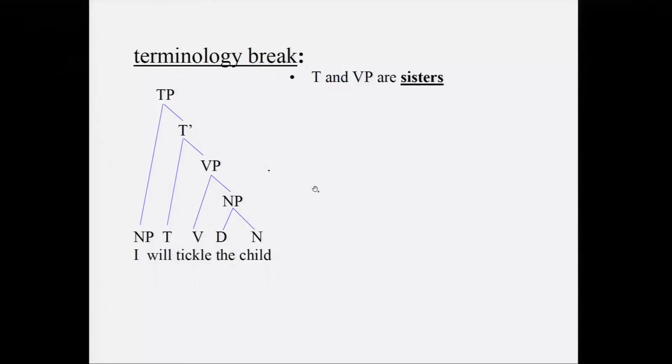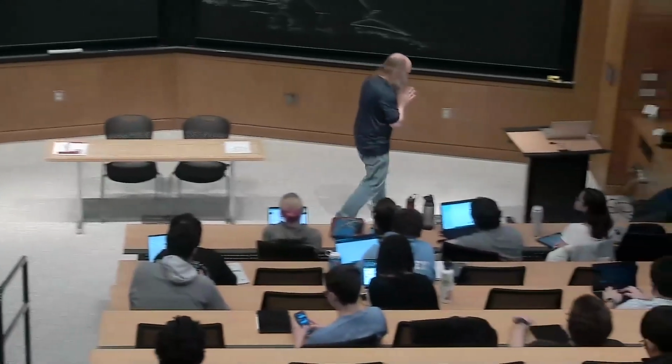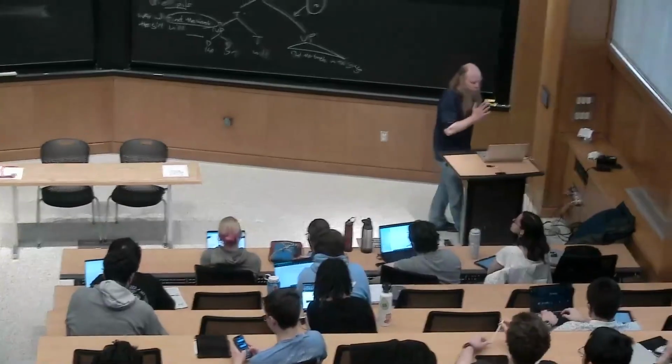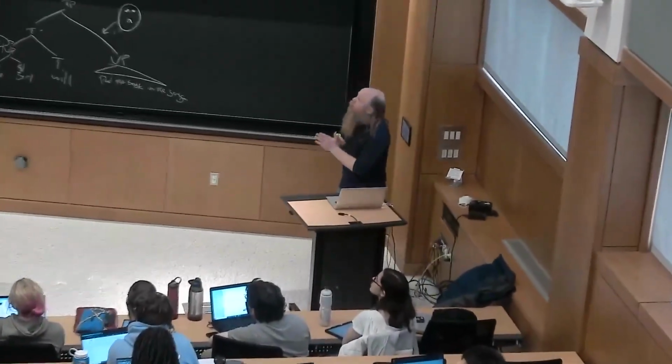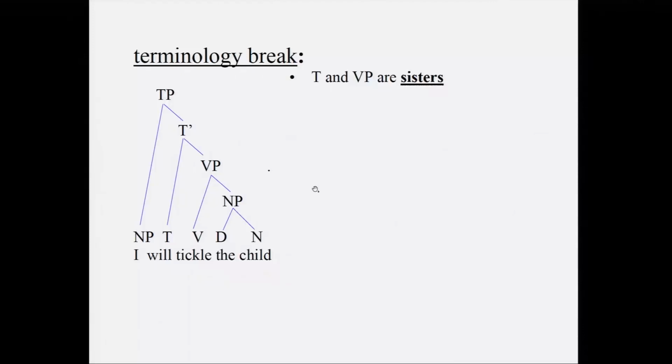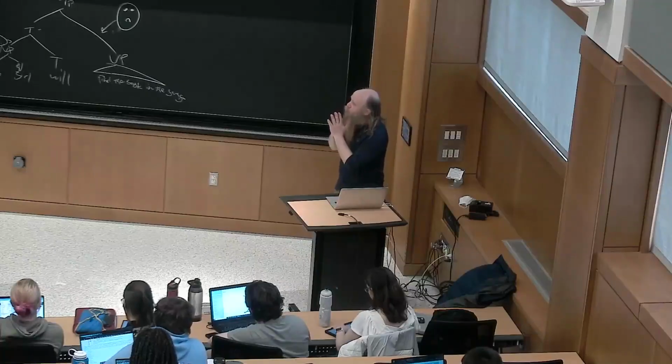Because we're almost out of time, let me talk quickly through some terminology, and then I'll let you guys go. First bit of terminology. When people are talking about trees, they often use feminine kinship terminology to talk about relationships between nodes in the tree. So if I want to say something like, I will tickle the child, we have pairs of nodes that were merged together to form larger objects.